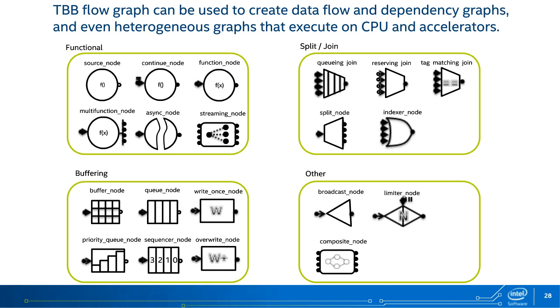Some are functional nodes, which encapsulate user code. Some do splitting and joining of messages into tuples and from tuples. If you need special buffering in your graph, which is useful in some specific scenarios, you can add explicit buffers in your graph. And then there are some other utility kinds of nodes.